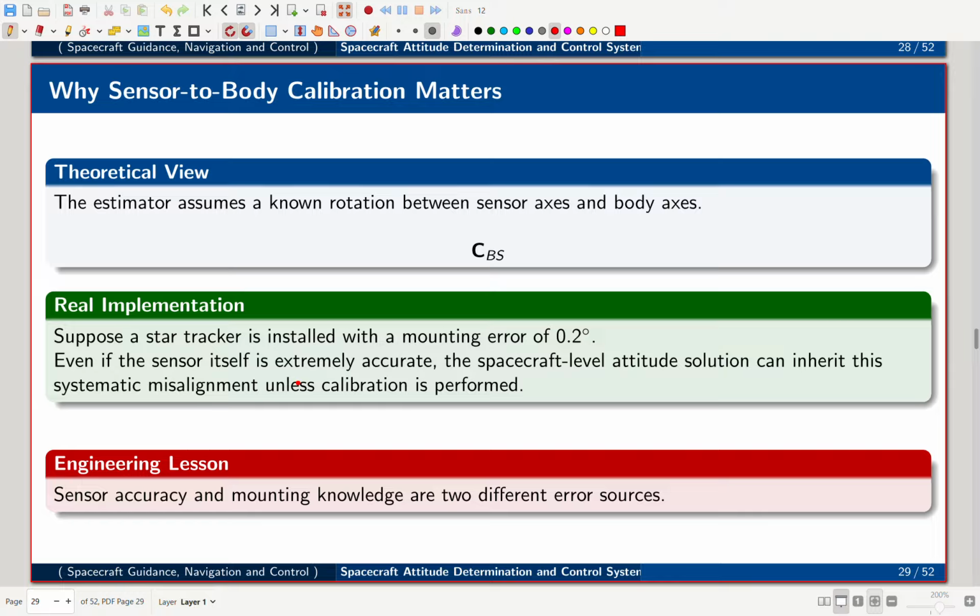Even if the sensor itself is extremely accurate, the spacecraft-level attitude solution can inherit this systematic misalignment unless calibration is performed. So this is very important. We need to know how much rotation there is between the sensor axes and body axes, so it must always be corrected. That's why calibration is needed.